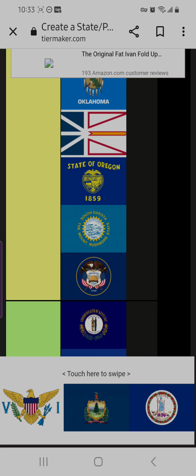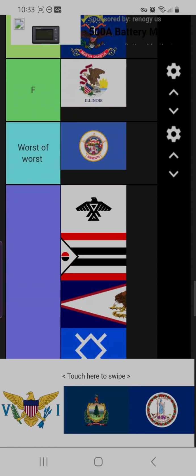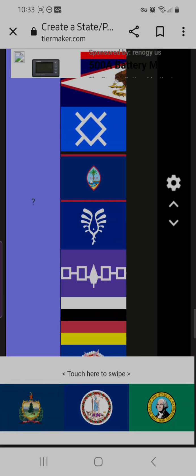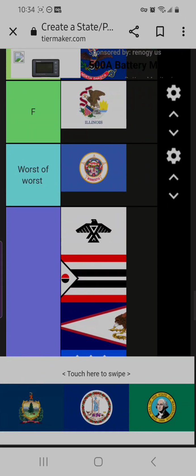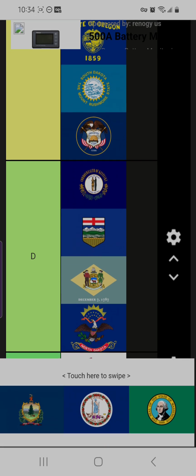It actually is a very good, unique flag. A plus tier. Now, Vermont. Vermont is okay too. It's the same thing as Utah's old flag. It's okay. The design is nice though. So I will give them a C plus.